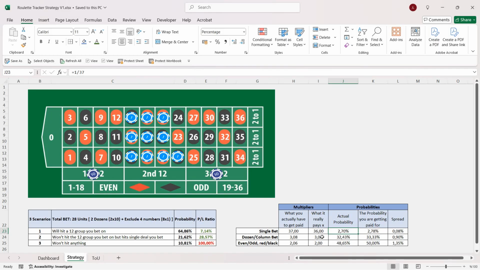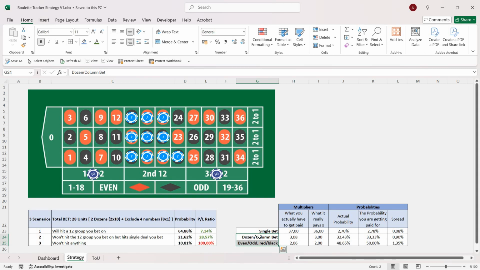2.70%. With this probability, you should earn 37 times more, but it actually pays 36 times more, and the probability you're getting paid for is 2.78%. This applies to other bet types as well.